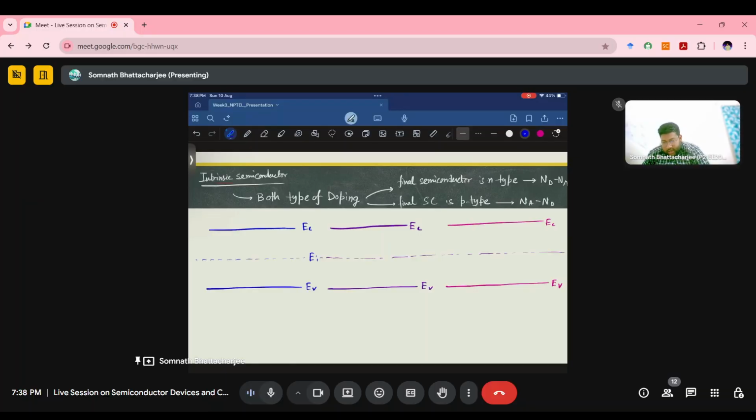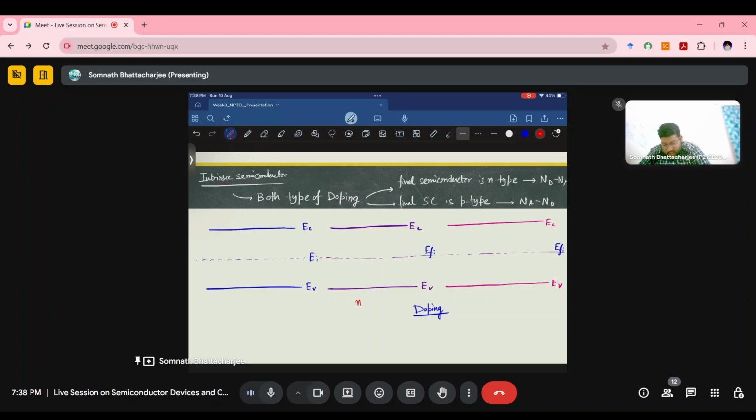But here, these two are cases of different dopings. In these cases it is termed as EF of I, and in this case as well it is EF of I, that is the intrinsic Fermi level. So there is a Fermi level difference.